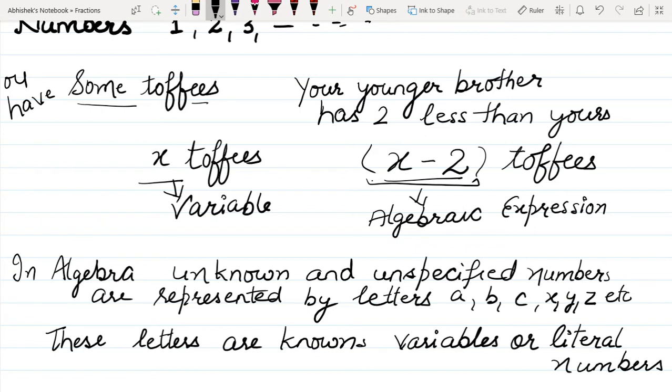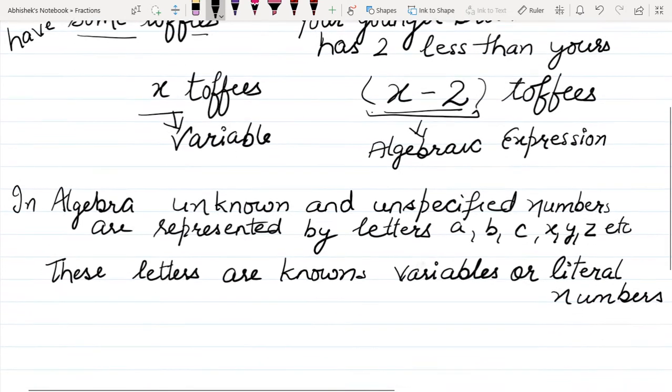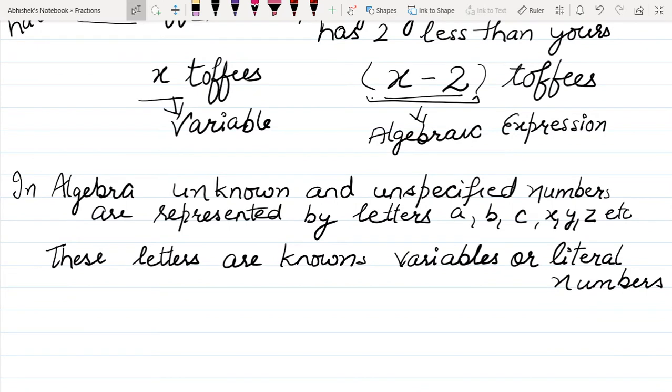Now the rules of all fundamental operations, addition, subtraction, multiplication, division, are also applicable on these variables.